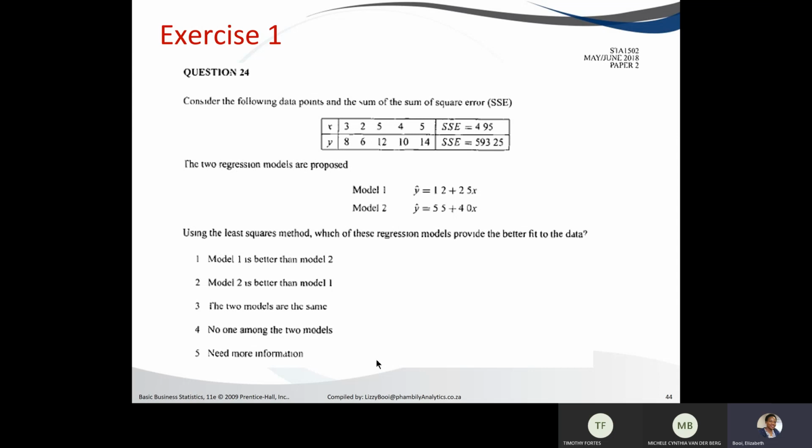So remember, you look at the measure, which will be the sum of squared errors. We're always going to choose the best model by looking at the smallest value of your SSE or your MAD. Based on that, look at the information you have and choose which of these regression models provides the best fit for the data.